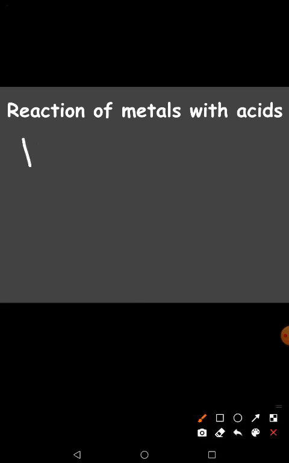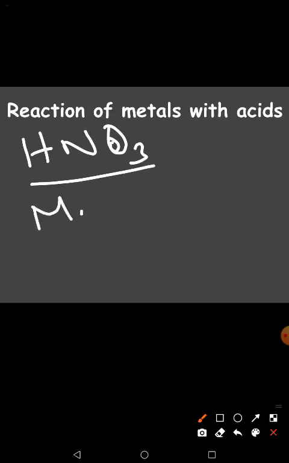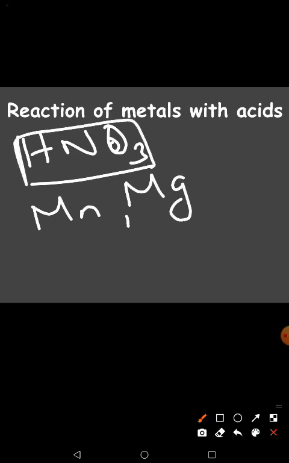This nitric acid will not liberate hydrogen gas with most of the metals except manganese and magnesium. What is the reason? Because this nitric acid is an oxidizing agent. It contains an oxygen molecule. So what is an oxidizing agent? Anything that gives oxygen or removes hydrogen from another substance.